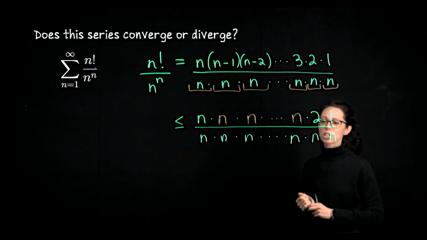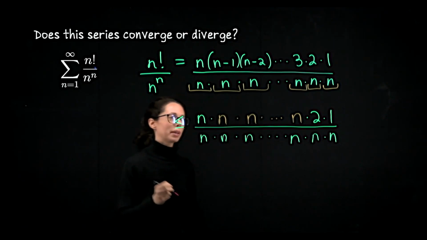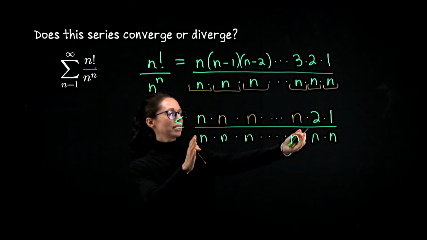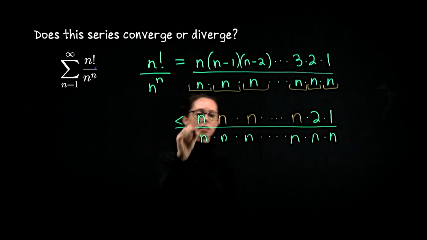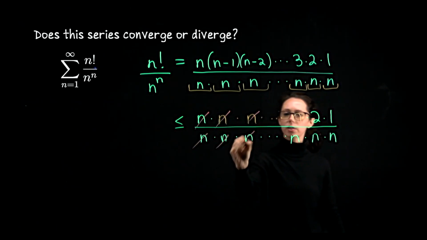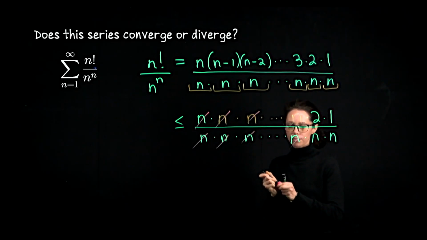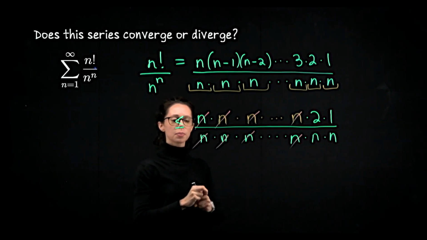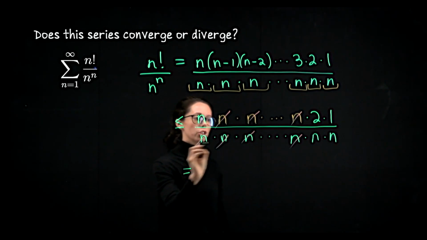Then this is a much easier fraction to work with because everything to the left of the 2 and everything corresponding down here in the denominator, these are all going to cancel. So that cancels with that, this cancels with that, cancel, cancel, cancel, cancel. And we are left with an expression that tells us that our original series terms are less than or equal to 2 over n squared.